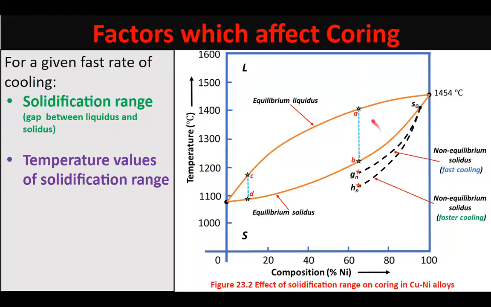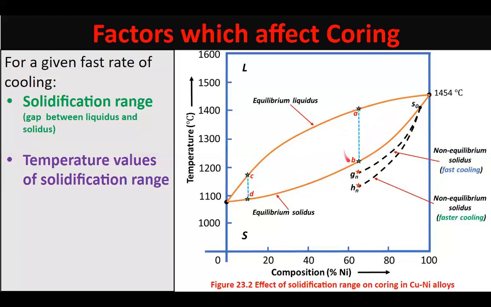So if you have two alloys with the same freezing range and you are subjecting them to the same cooling rate, then consider the alloy whose freezing range is lying in the upper temperature band. Ta minus Tb might be the same as Tx minus Ty for another alloy, but Ta minus Tb is lying in a higher temperature band as compared to the other alloy somewhere over here.